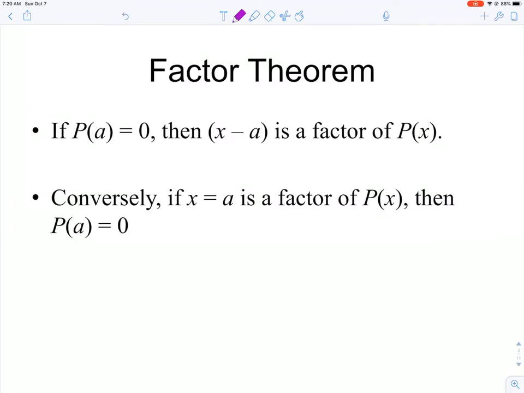Okay, so factor theorem is based on the remainder theorem. And then this is a typo. This should say, conversely, if x minus a is a factor of p of x, then p of a is equal to 0.